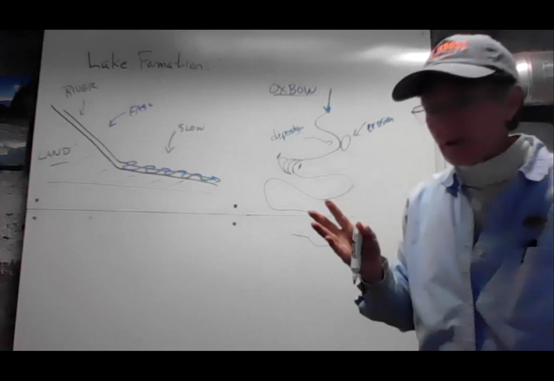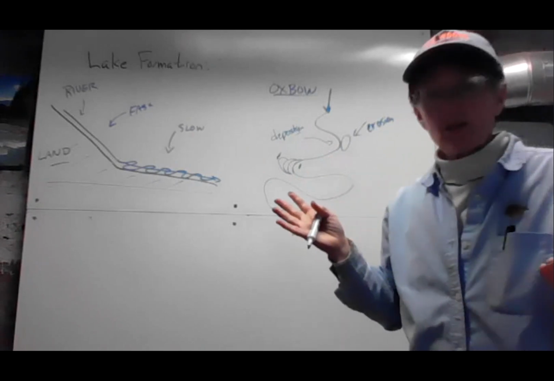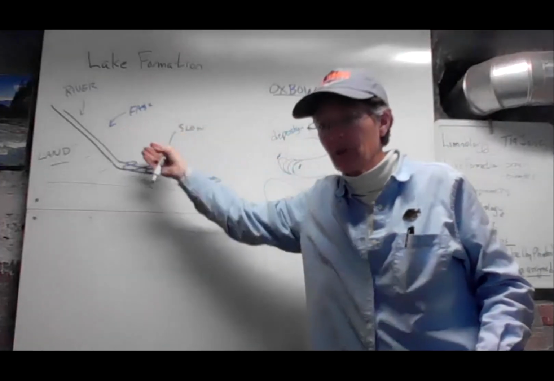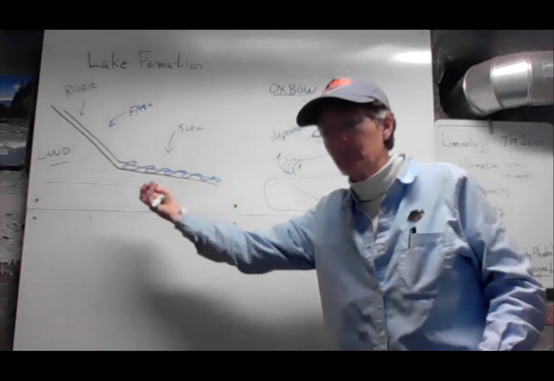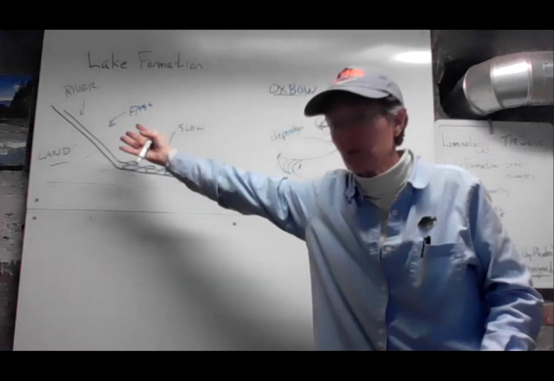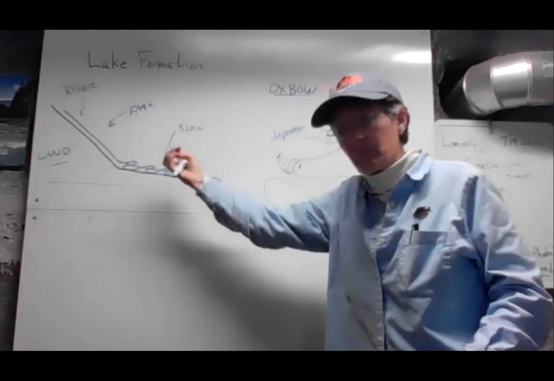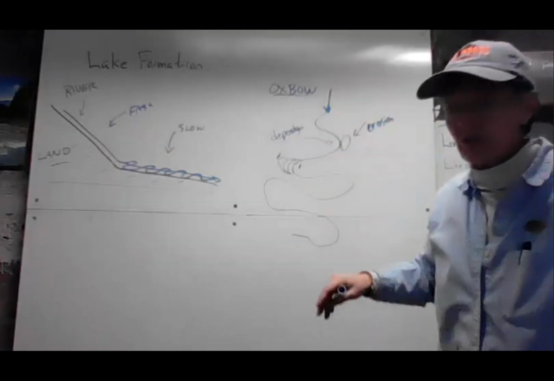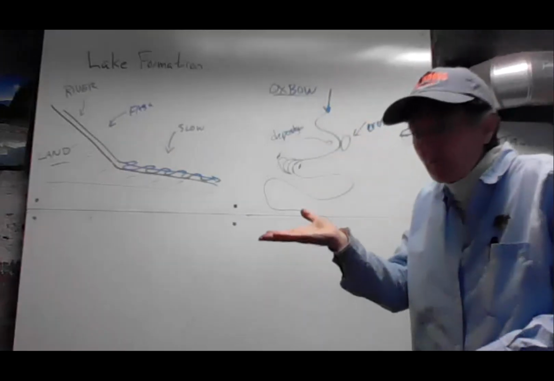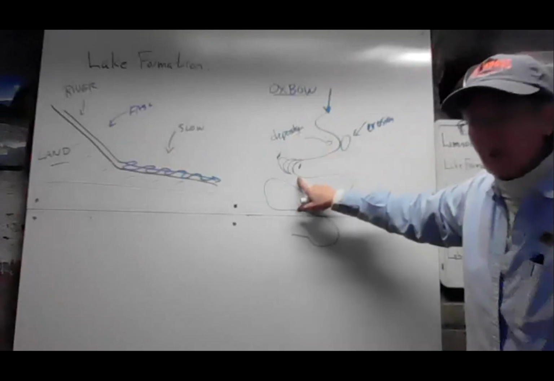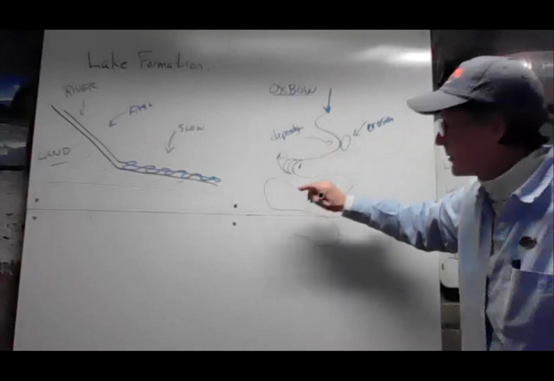But then maybe it's a snowmelt event in the mountains, and there's, in the springtime, a big flush of water. Or maybe there's just a heavy rainstorm upstream, and so there's a big flush of water down the river. Well, if there's a big flush of water down the river so that the river rises in its banks, what do you think is going to happen at a place like here?